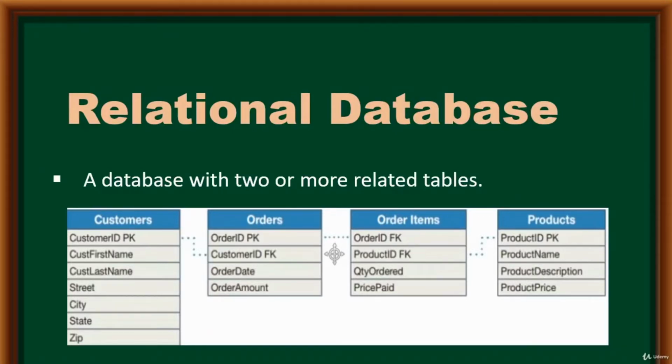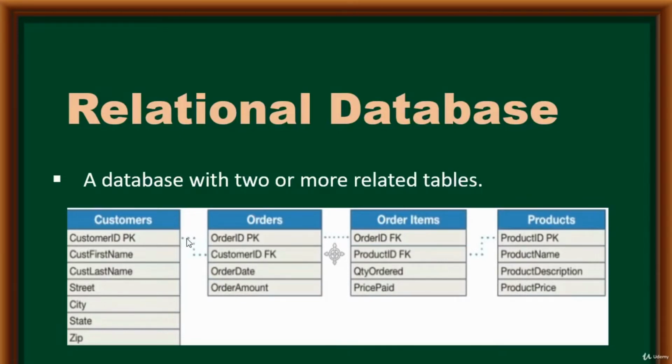With a relational database, there must be a relationship between two or more tables. If we take a look at the customers table here, we've got a customer ID, which is a column or a field in the customers table. We've also got a customer ID here, which is also a field or a column in the orders table.